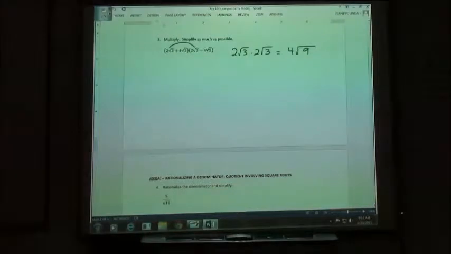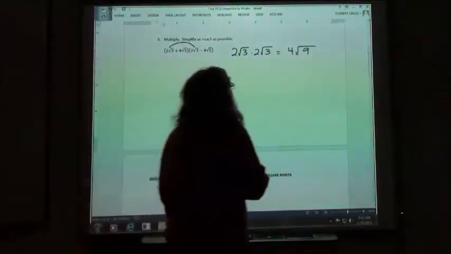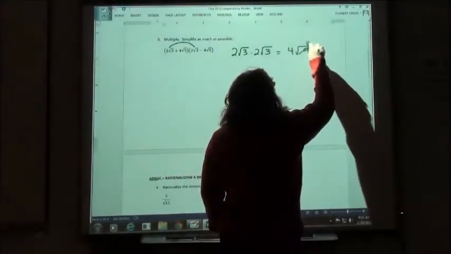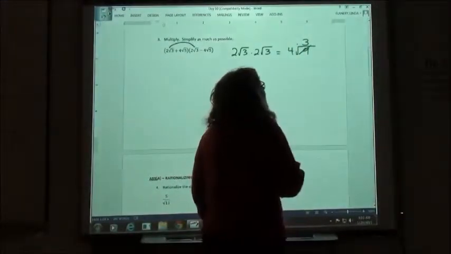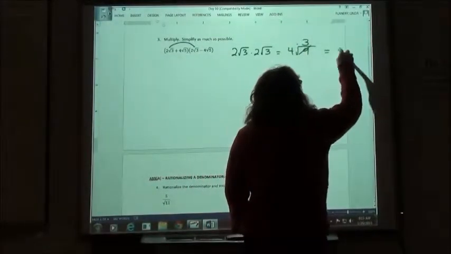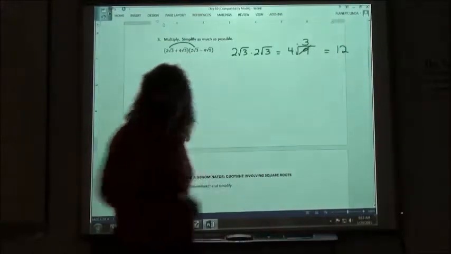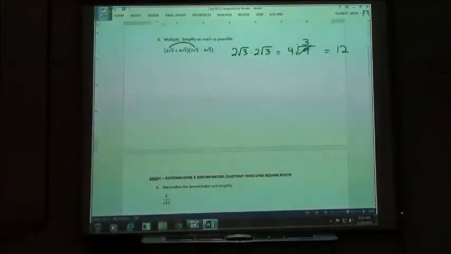You then said, oh, 9's a perfect square. The square root of 9 is 3. And then you took 4 times 3. 12. Just the plain old 12. Nothing left over extra on that one.